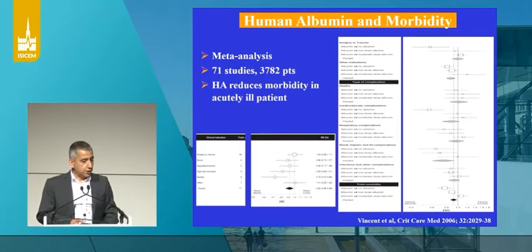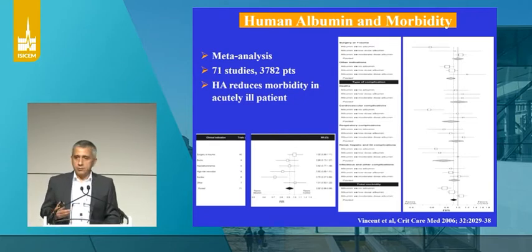Of course, this meta-analysis included a lot of studies performed in very small subgroups of critically ill patients, and it did not include a lot of studies that showed that albumin had a favorable effect. So doing another meta-analysis, including more studies, showed that it may actually be associated with a better outcome. So there was some sort of discrepancy when you put the studies together.